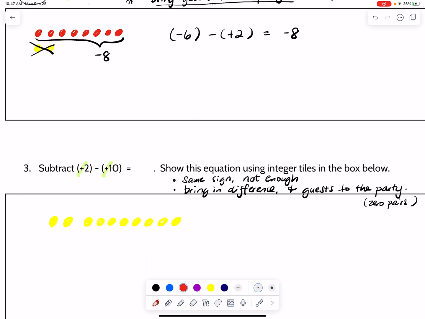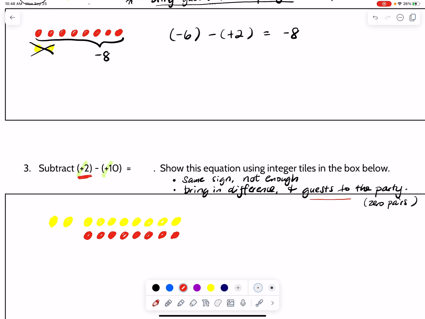At the same time, you always bring guests to the party when you bring in more to add to that first integer. Notice I'm bringing in right away the 8 red tiles because, like I said, the idea with that, why you bring guests to the party in those 0 pairs, is you always want to start off with representing the first integer you are subtracting from.